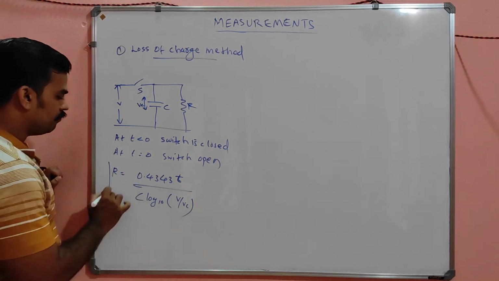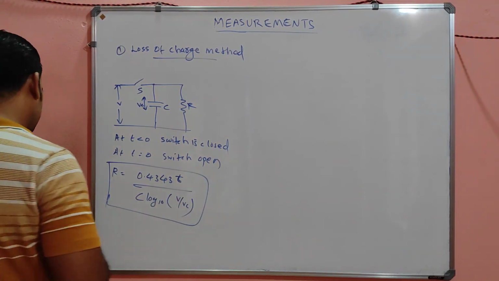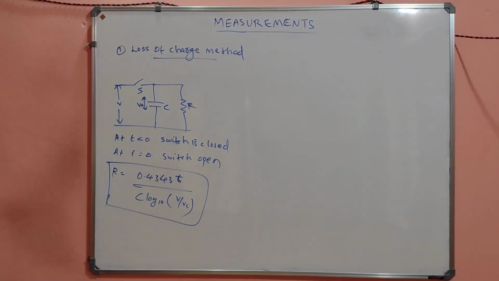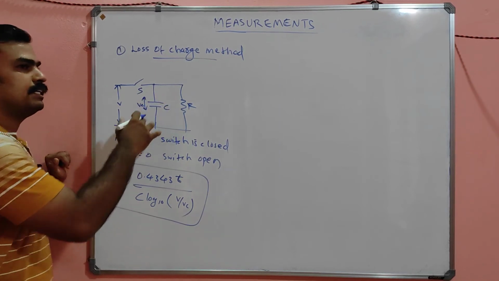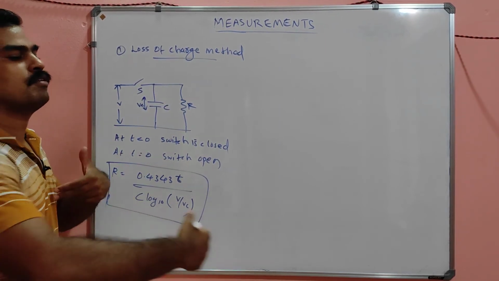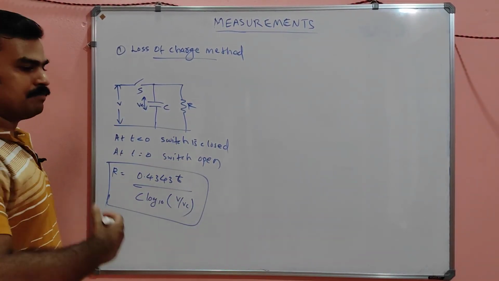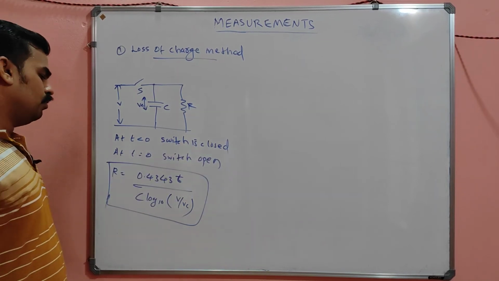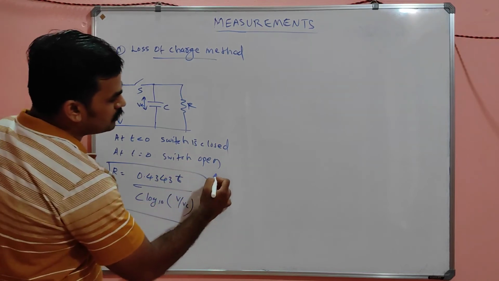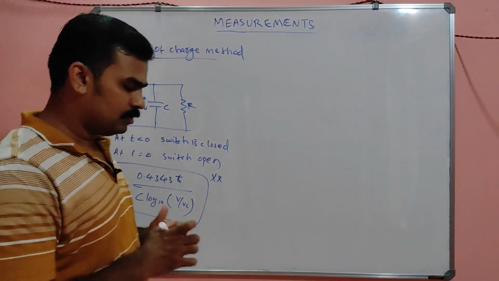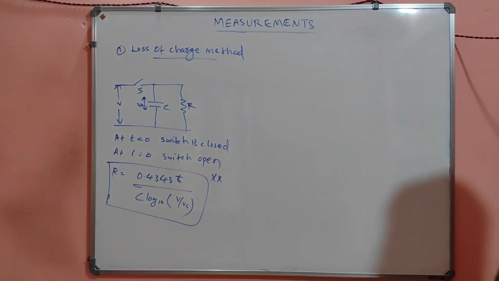This equation gives you the value of the high value resistor R, where V is the applied voltage, Vc is the voltage across the capacitor, T is the time for that discharge, and log 10. You just remember this equation. No one will ask you the derivation, how that equation arrived.